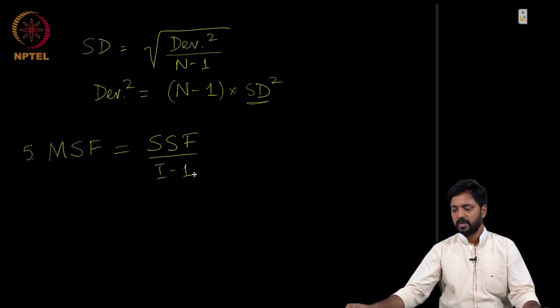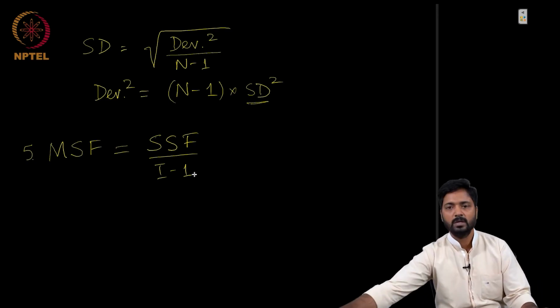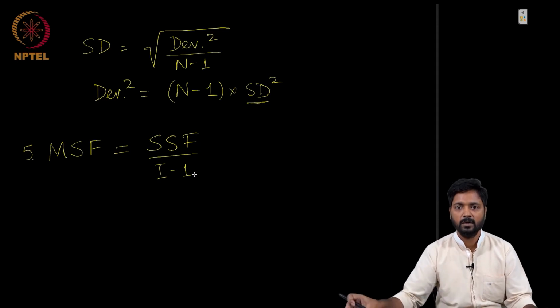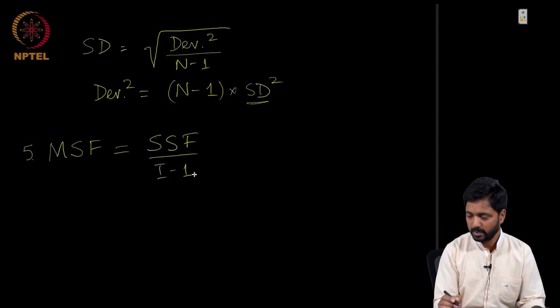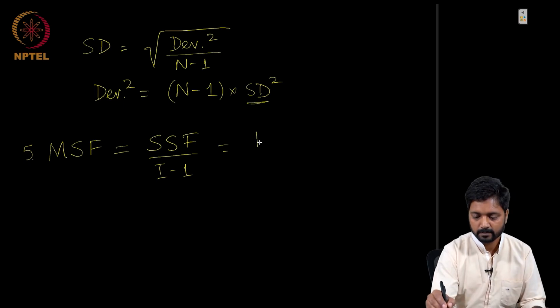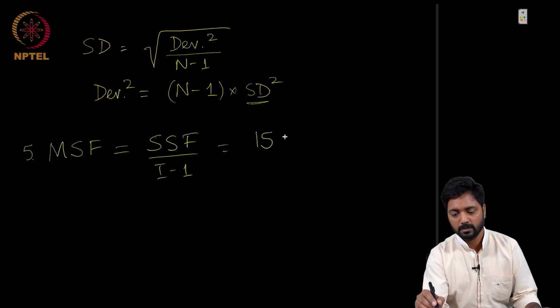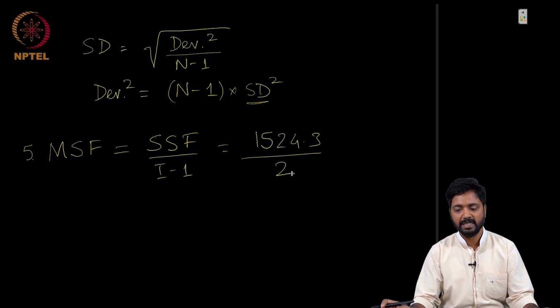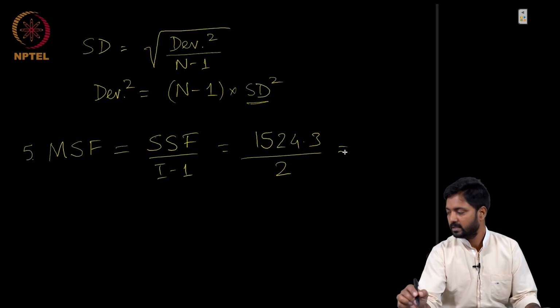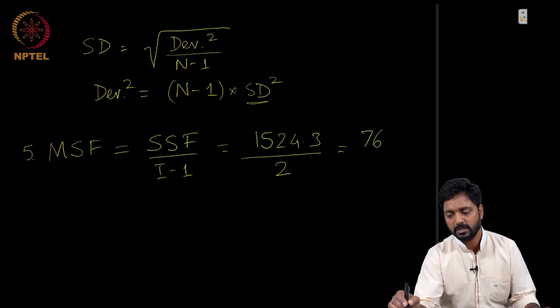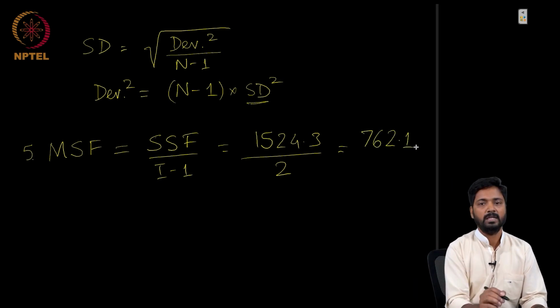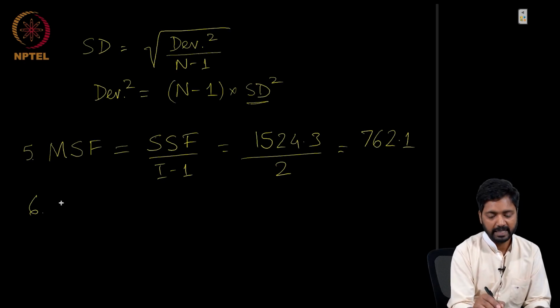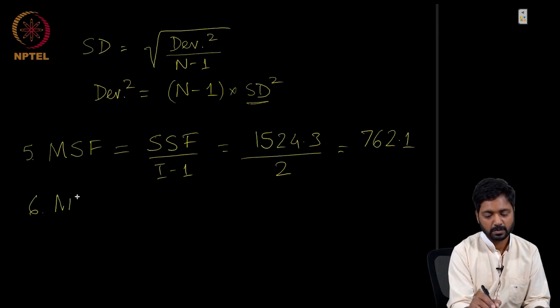Now, the sum of squares due to factors value for this particular data set was found to be 1524.3 divided by 2 here, because we are dealing with only 3 samples, and this comes out to be 762.1.